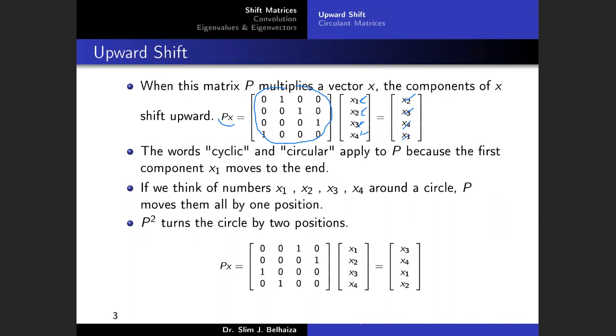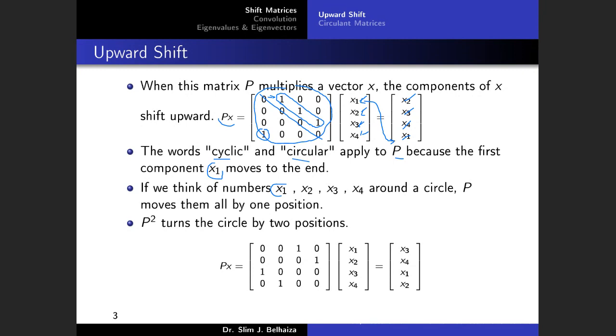This is mainly due to the fact that the identity matrix, where we had ones on the diagonal, became what we call a shift matrix, where part of the diagonal was shifted to the right side, and the remaining one came at the bottom. The words cyclic and circular apply to P because the first component x1 moves to the end. If we think of numbers x1, x2, x3, x4 around a circle, P moves them all by one position.